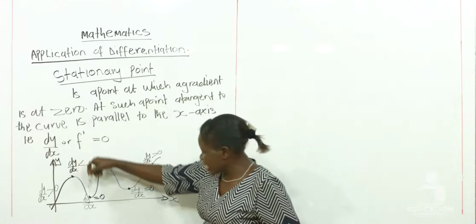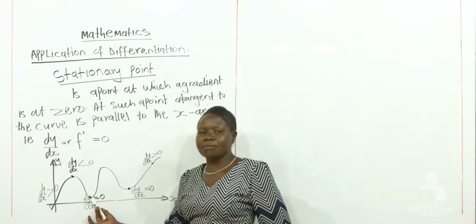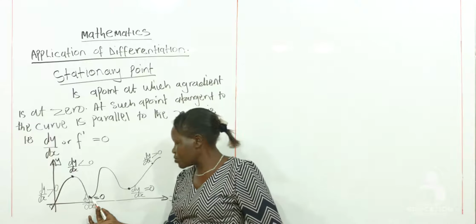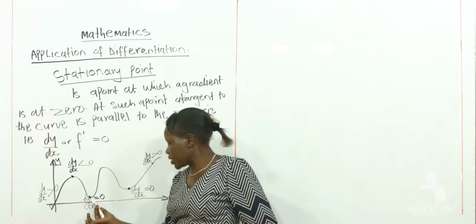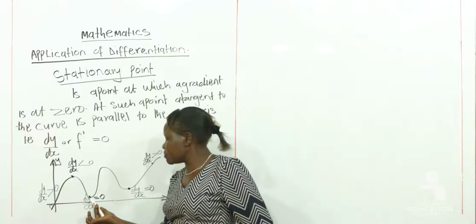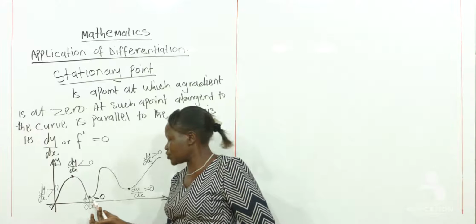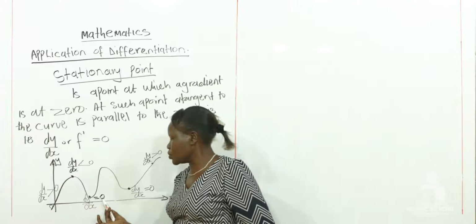As you slide down, you reach a point where you can no longer move downward. When you reach this point, we say this is the point where you are fixed, and this is where we say it is a stationary point. The gradient equals 0.